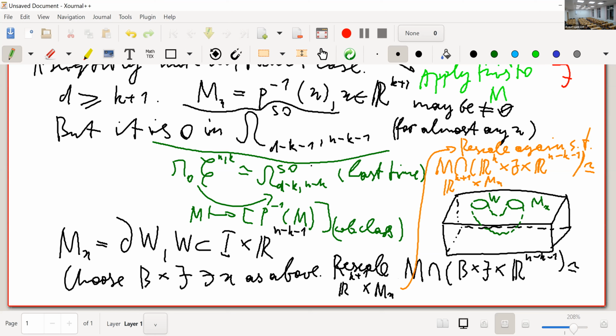Now we use the trick we already used in the simple case, which means we blow up the B component so that what we have over B coincides with what we have over R^k.